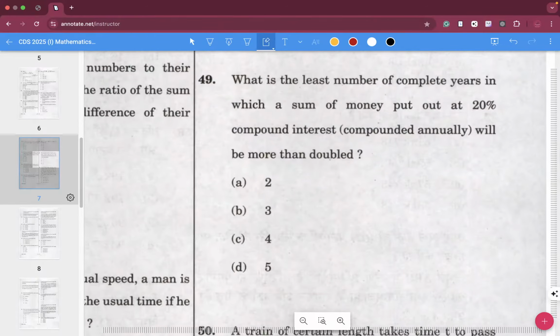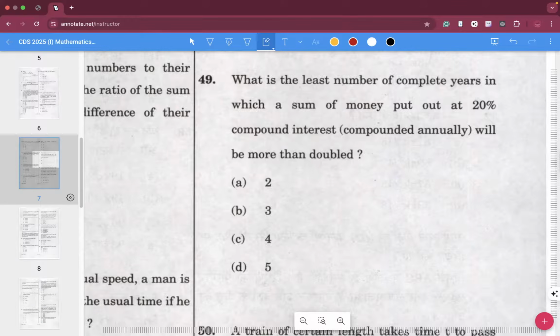All right. Next question, question number 49 over here, folks. Stick around. Question number 49. What is the least number of complete years in which a sum of money put out at 20% compound interest compounded annually will be more than double?